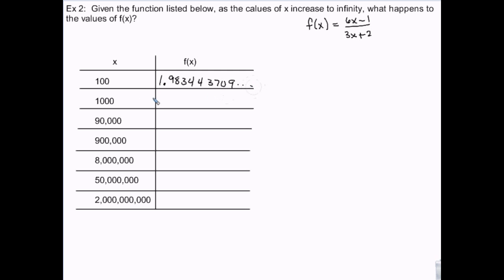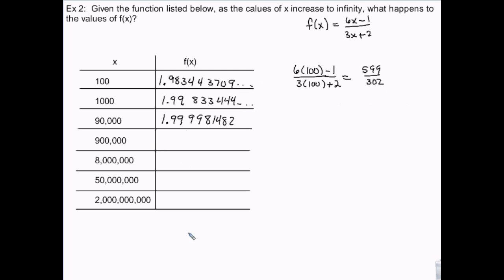And if I plug in 1,000, I get 1.998334444.